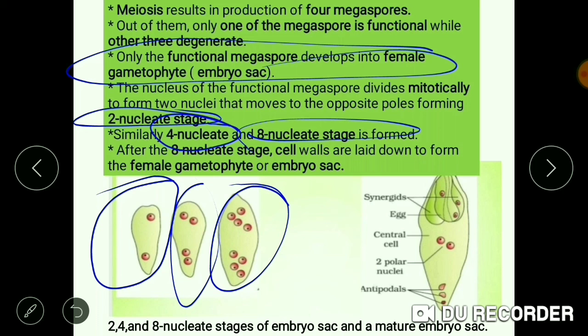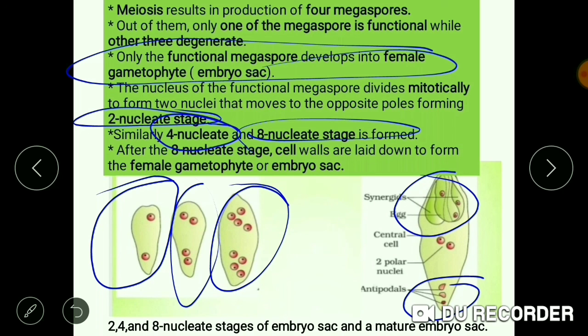This is the final 8 nucleate stage, and now it is completely mature. It is considered to be a mature embryo sac. Now, out of these 8 nuclei, six of them develop the cell wall. What happens? 3 of these nuclei move towards one pole and 3 of the nuclei move towards the opposite pole.